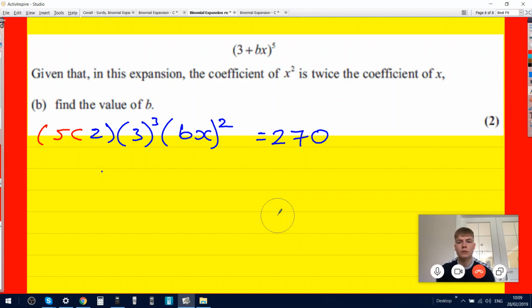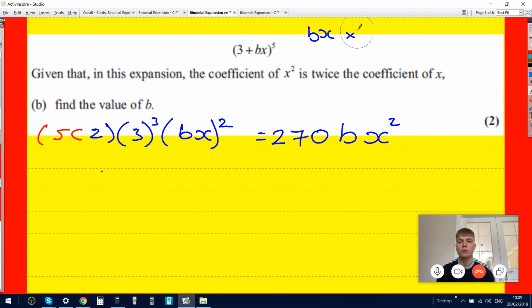What would you do next? Divide by 2. Yeah, divide by 2. And what would go after this 270? Bx squared. And don't forget, squared means times by itself.